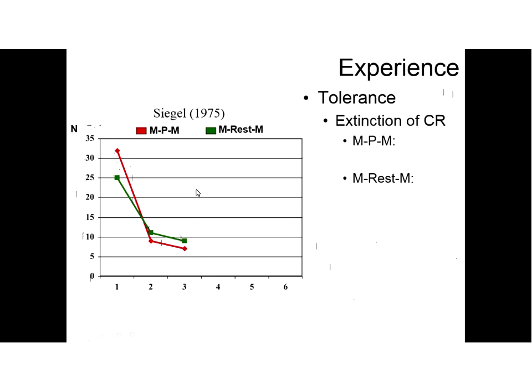The only way these 2 groups differ is that during a 2-week timeout period, one group, MPM, morphine, placebo, morphine, received multiple placebo injections in the hot plate room. So they received an injection of saline in the hot plate room.